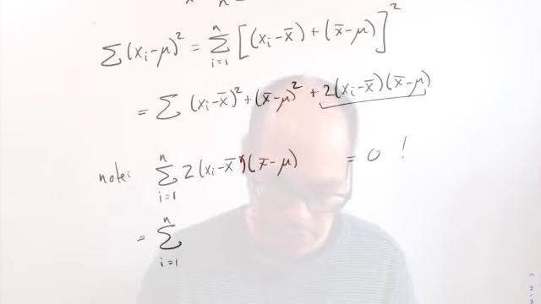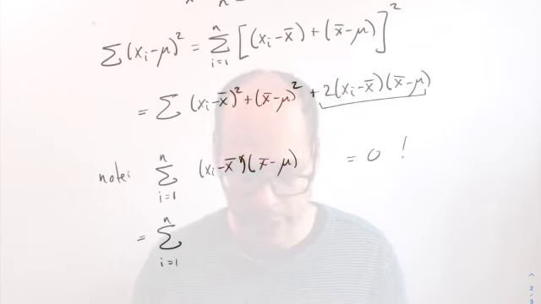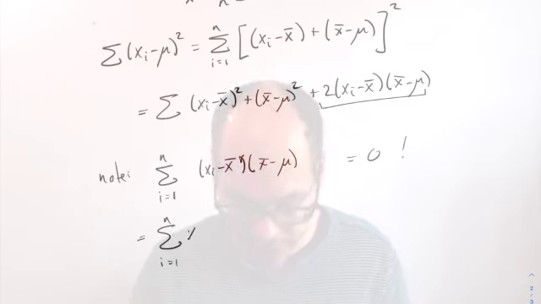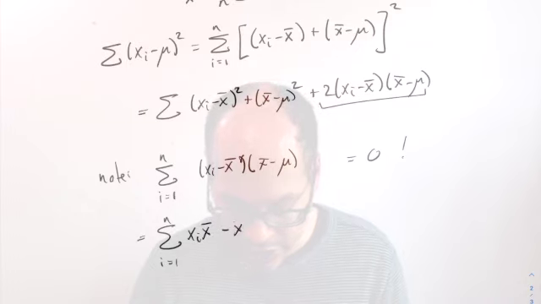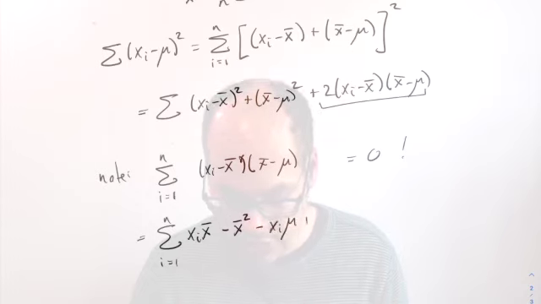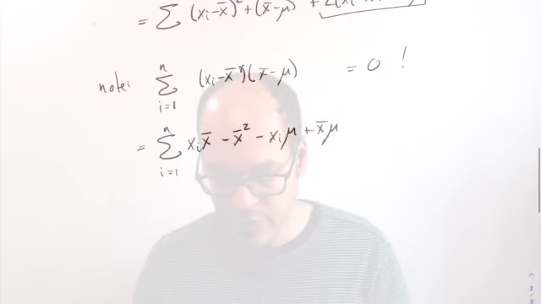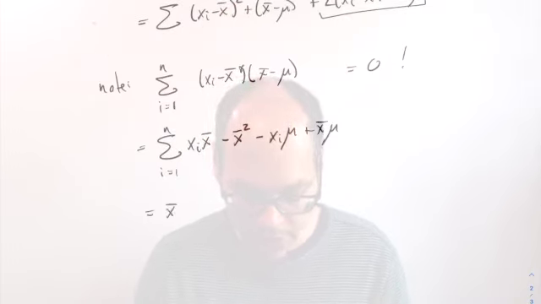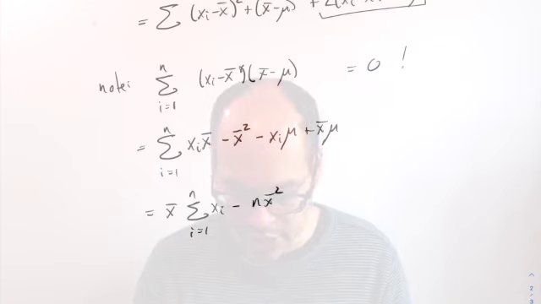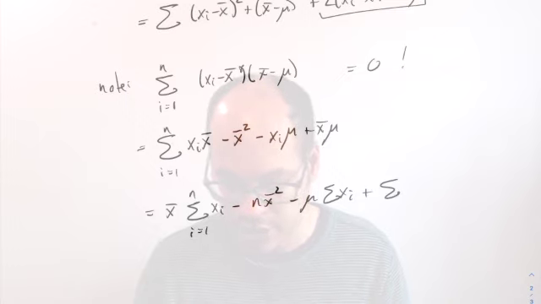I get xi x bar, I get a minus x bar squared, I get a minus xi mu, and then I get a plus x bar mu. Now I take the sum. This gives me x bar times the sum of xi, minus n x bar squared, minus mu times the sum of the xi's, and then plus the sum of x bar mu.